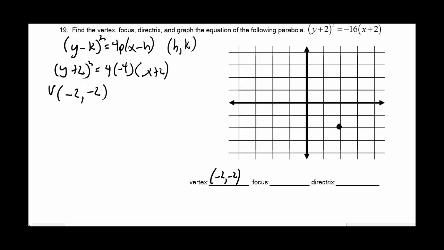And let's see, the focal length, go down 4. So just probably stop and clarify here. We are looking at a y squared, so that's a left or right thing. And since it's negative, that means I want to go towards the negative x-axis, the 4 units. So 1, 2, 3, 4.